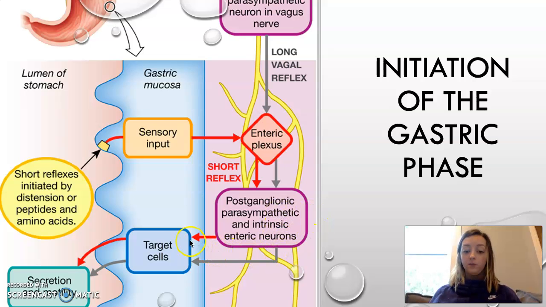So we wouldn't want the sympathetic to be activated, because that is our flight or fight response, where the blood is not really going to the digestive organs, it's going to our skeletal muscles to get away from whatever threat is happening to us.